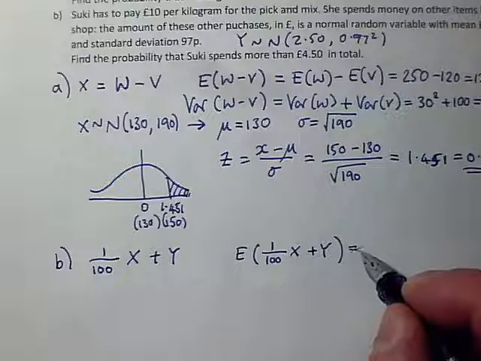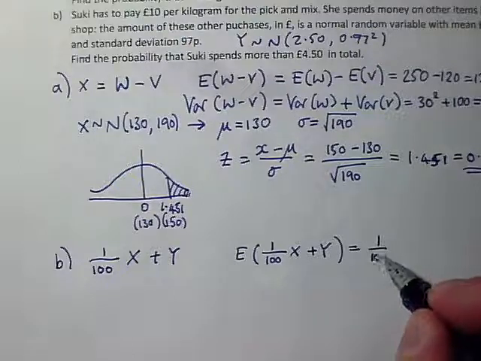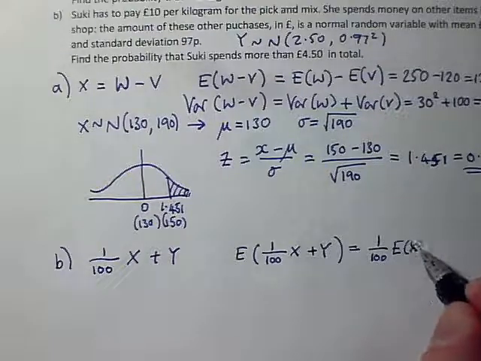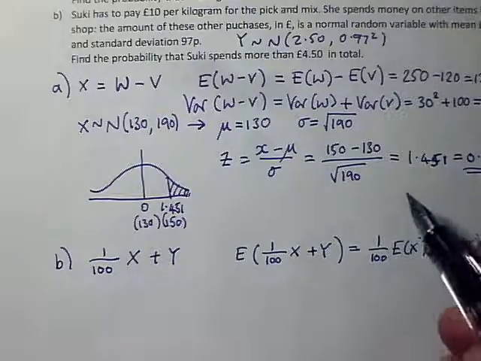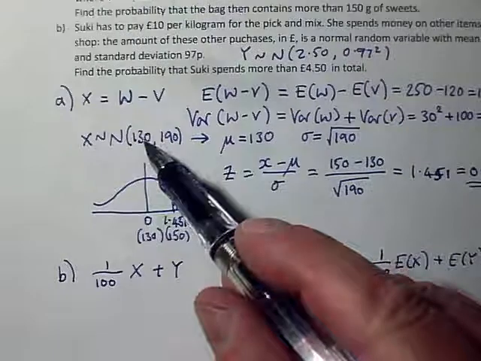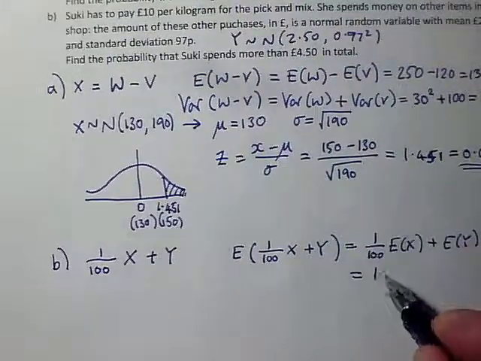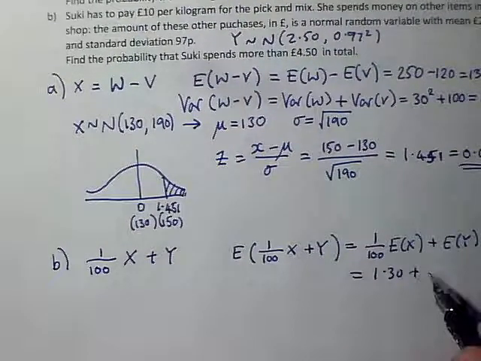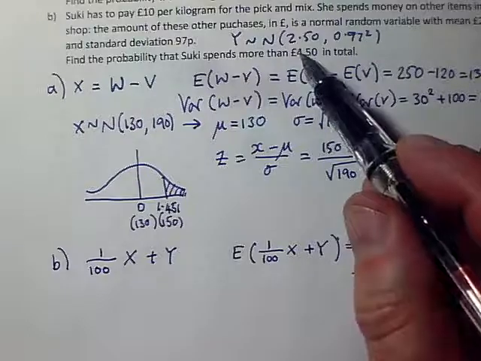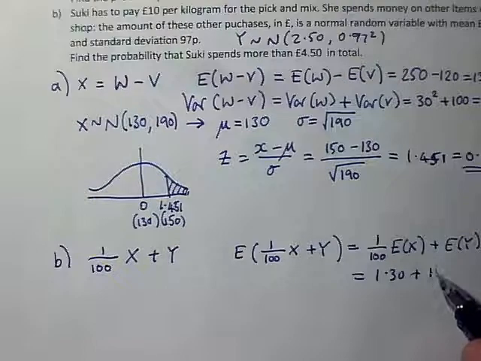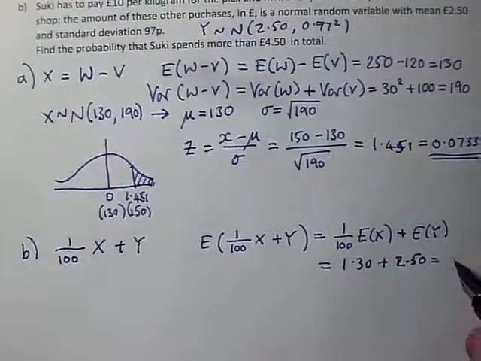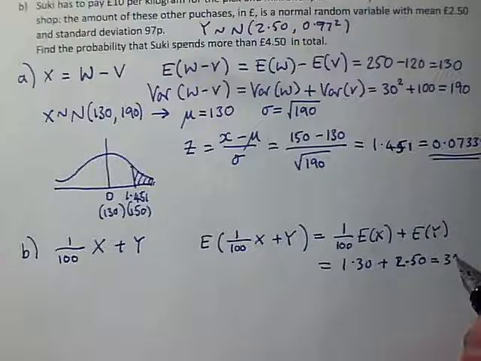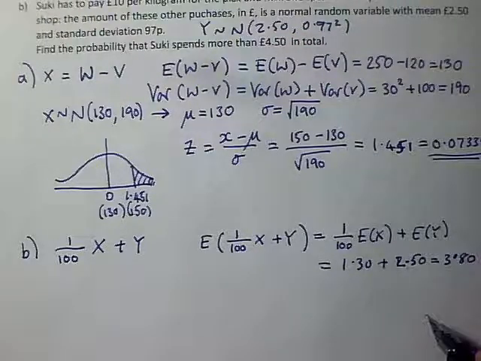It's going to be 100th of the expectation of X plus the expectation of Y. So the expectation of X was 130, 100th of that is 1.3, plus the expectation of Y, which is 2.50, so I'm going to get an answer of 3.80. Okay, so that's my mean.